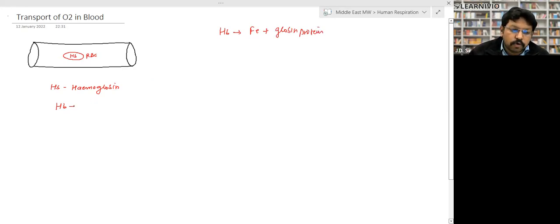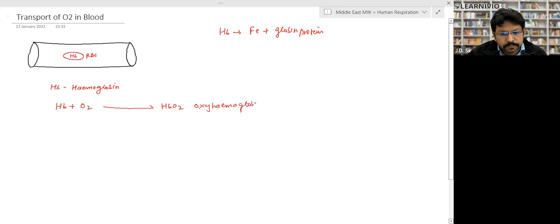Hemoglobin makes a bond with oxygen, right? And it forms HbO2. This HbO2 is called oxyhemoglobin. Again, it is a reversible reaction. It can dissociate as well.